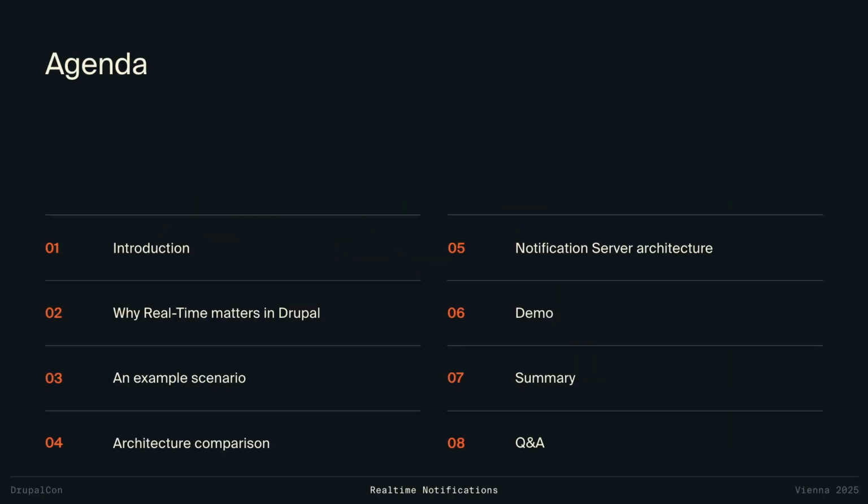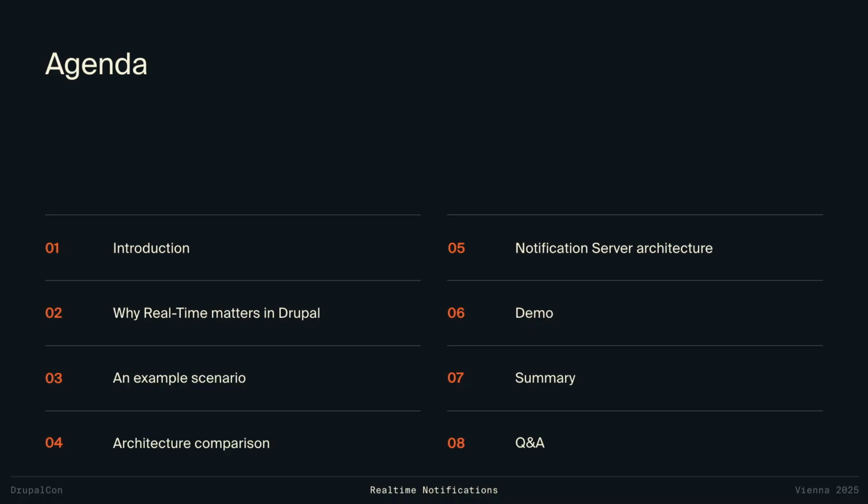So this is a brief agenda. Introduction, we already went through that, and we'll talk about why real-time notification matters in Drupal. And I will use an example scenario as a basis to discuss different architectures that you would have implemented, but we'll also discuss the pros and cons of different architectures when it comes to implementing notifications.